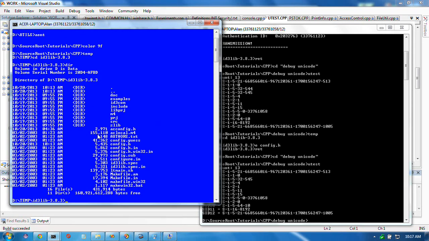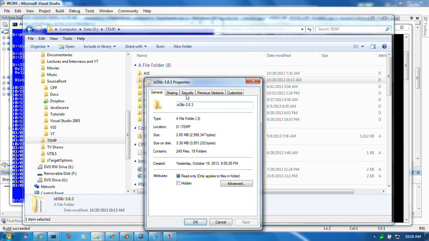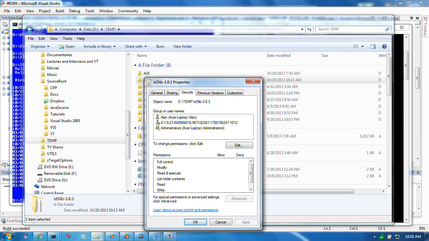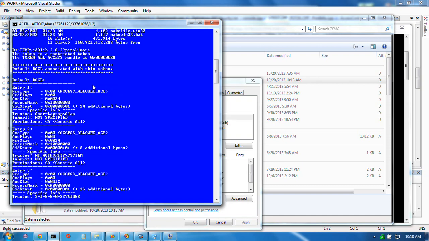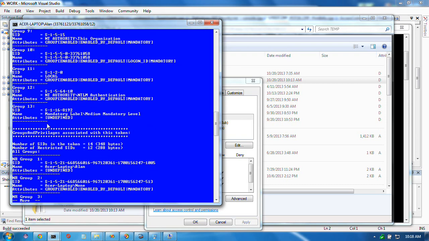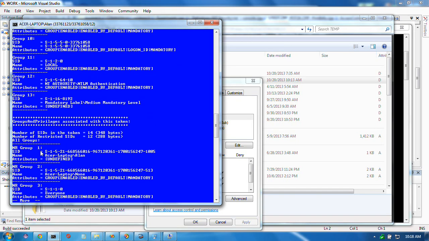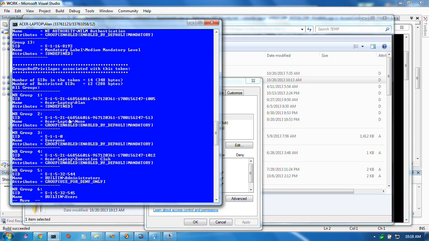Now, I should still be allowed to view this according to the security rule. First, let me show you my restricted token here. Let's go from this starting point. There's me.